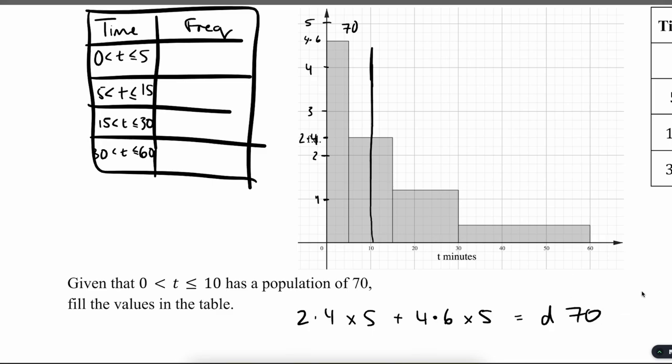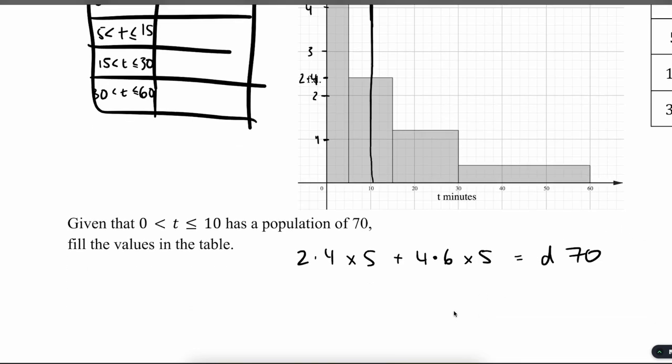Well, it's actually 70 over our frequency density scale factor, but we'll leave it like that, okay? So that's 2.4 times 5 gives us 12, and then 4.6 times 5 is 23. D70, and that is 35. So in this case, D is actually 2.